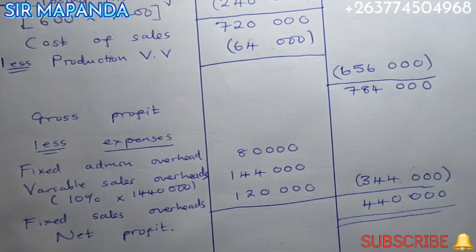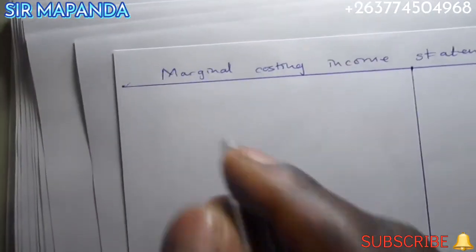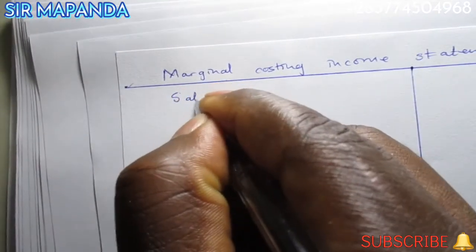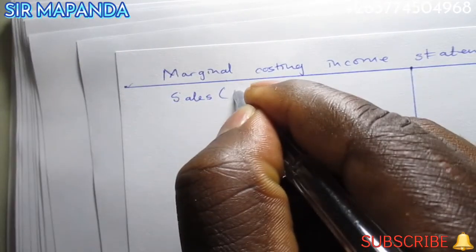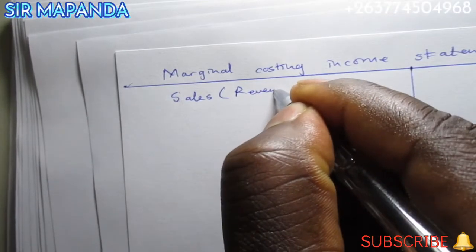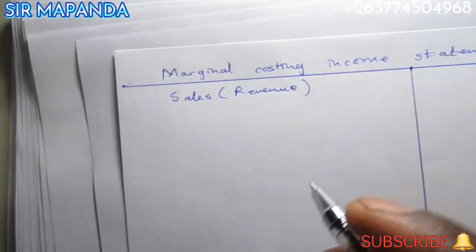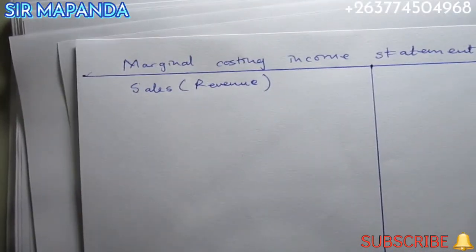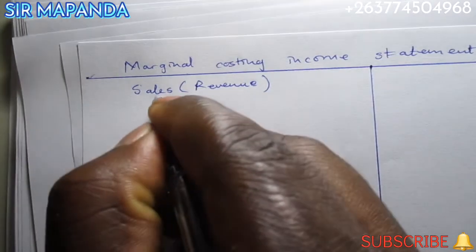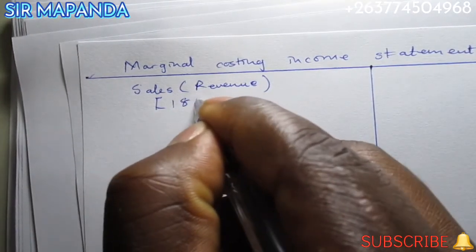So I want you to stay tuned as we move on to the marginal costing approach. So we also start with sales, first, also known as revenue. The selling price is not affected by the costing approach. Remember, we sold 1,800 units.